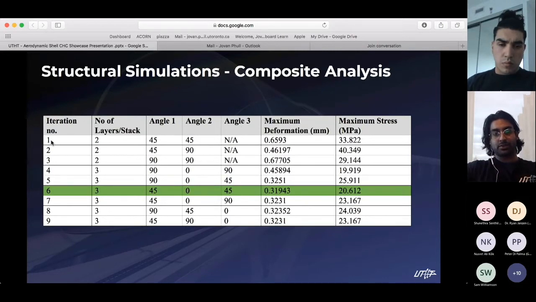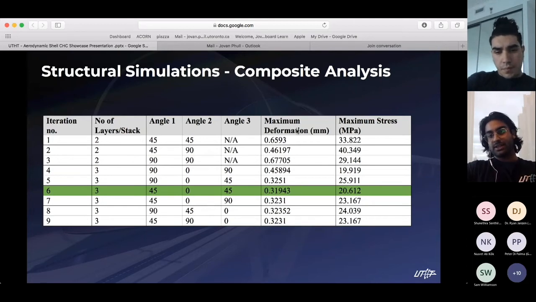So iterations 1 to 3 go through 2 layers, where iterations 4 to 9 go through 3 layers. So we looked at different angles, namely those nice angles, 0, 45 degrees, 90 degrees, and stacking them up against each other. Again, when I show the manufacturing, this will make a little bit more sense.